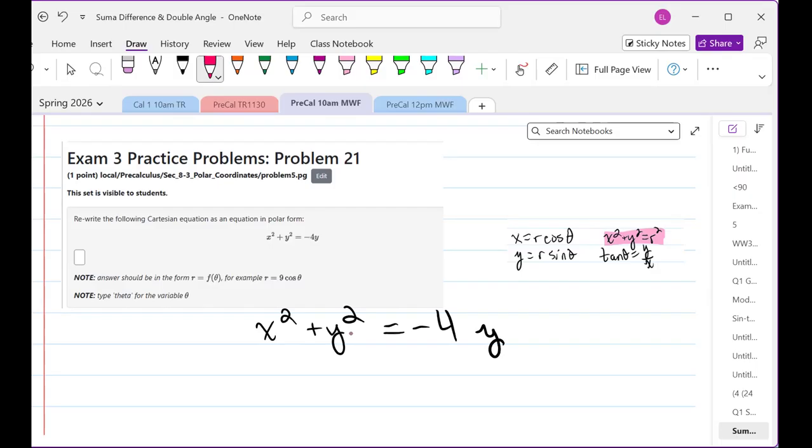But just the radius? Like it's just equal to r? R squared. So x squared plus y squared equals r squared is one of our formulas. So we're just directly changing out x squared plus y squared and we're putting r squared in its place.